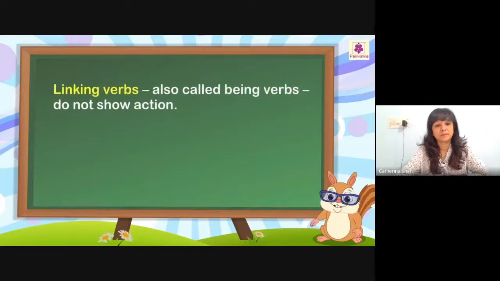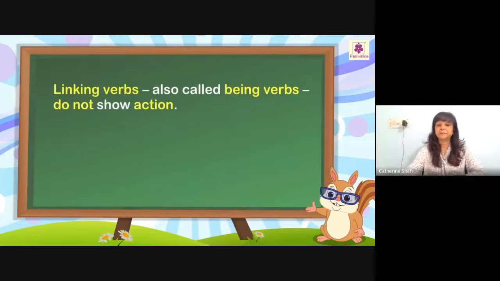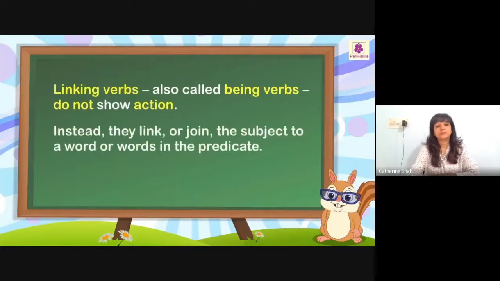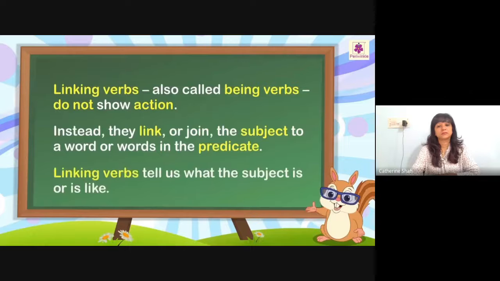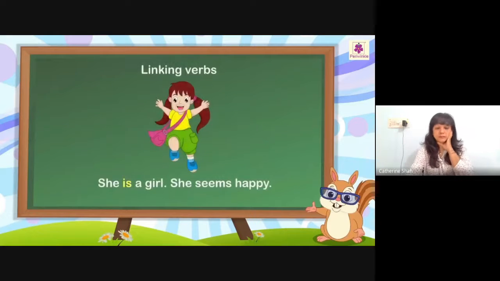Linking verbs, also called being verbs, do not show action. Instead, they link or join the subject to a word or words in the predicate. Linking verbs tell us what the subject is or is like. For example, she is a girl. She seems happy.